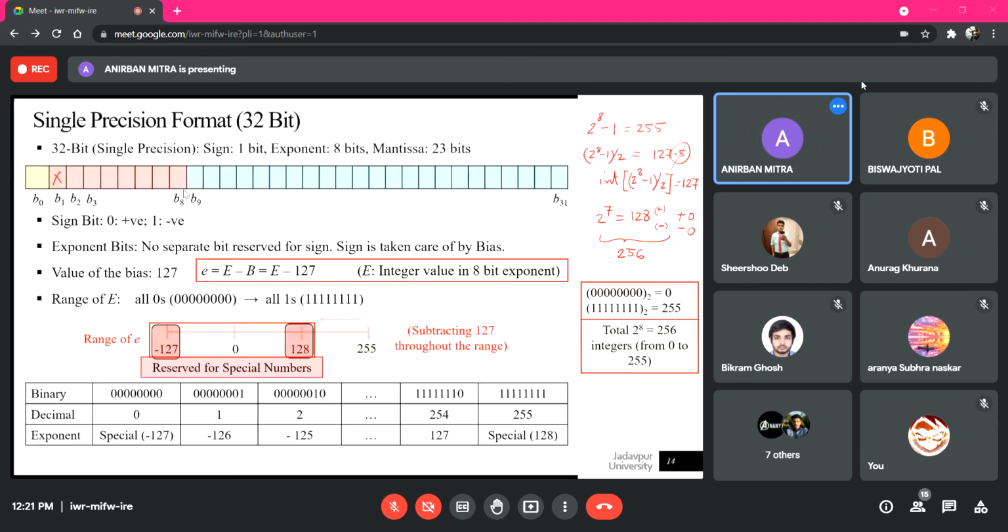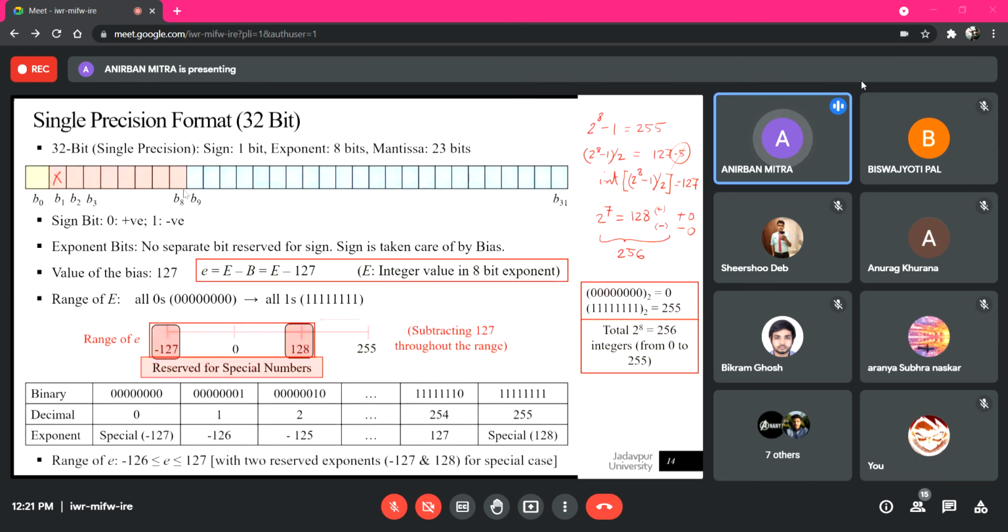That gives us a value of 0 in decimal. The exponent here is minus 127. That is a special reserved place. We do not use this. On the other end, where we have 8 consecutive ones, that gives a decimal value of 255 and an exponent value after taking out the bias of 128. This 128 is also reserved for a special representation. What is that representation? We'll come to that later.